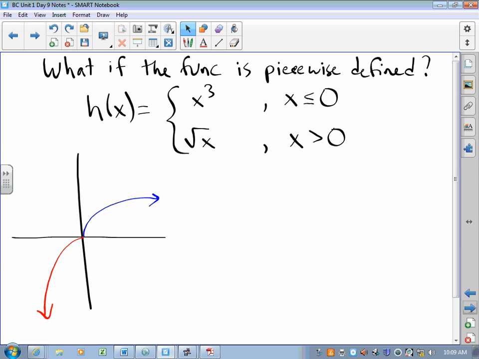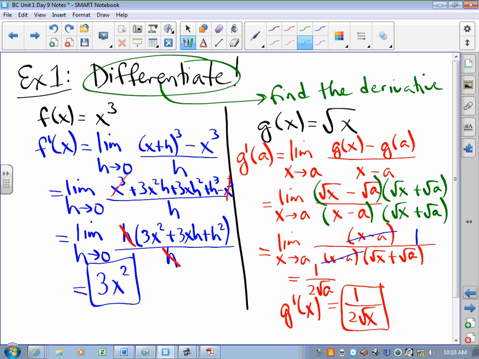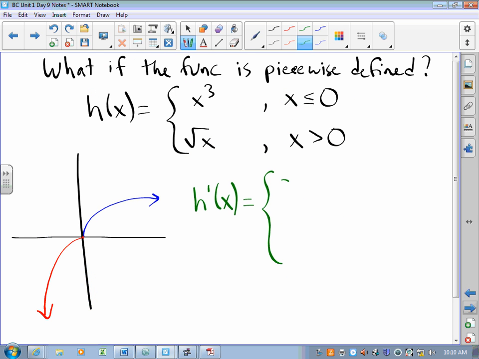And so that's smooth almost everywhere, and smooth functions have derivatives. If the function is piecewise defined, its derivative is likewise. The derivative of x cubed, we learned from here, is 3x squared. So the derivative on the left side is 3x squared.